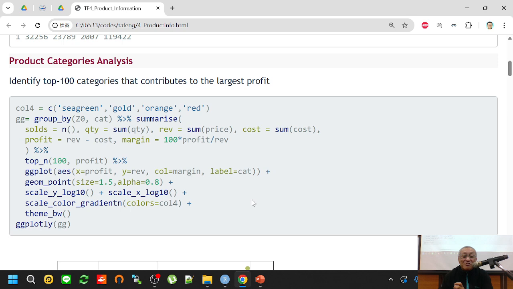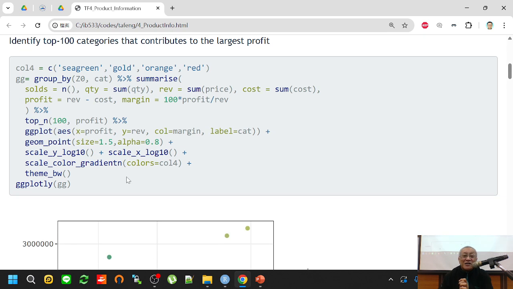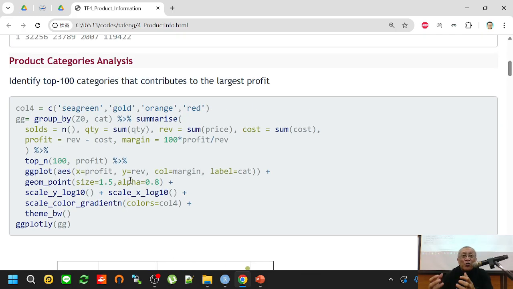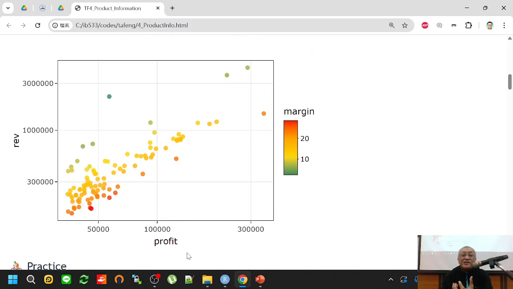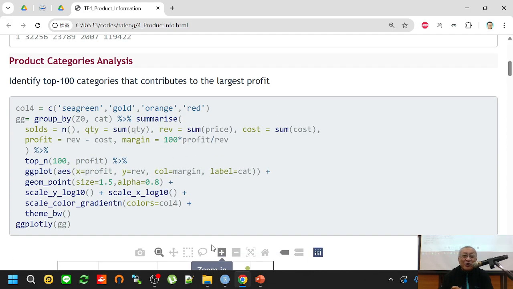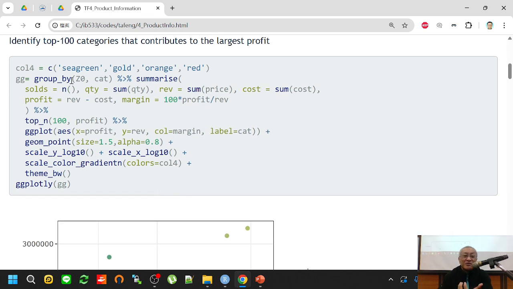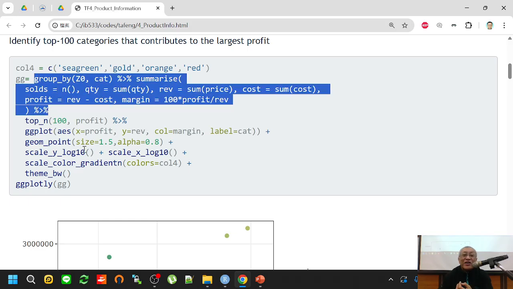So if you want to find out which product category you want to focus on, you want to focus on the product category that gives you larger revenue and larger profit, and you want to compare the margin across product categories, right? And in order to do so, again, it is simply a group by and summarize type of thing, right?